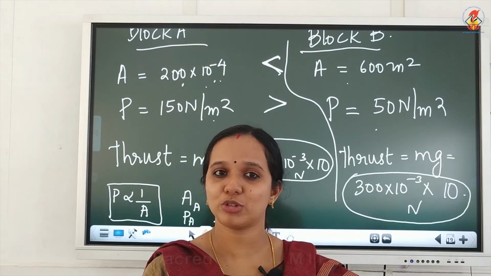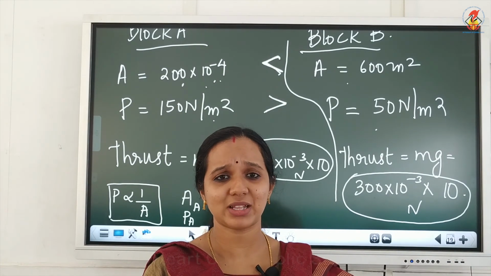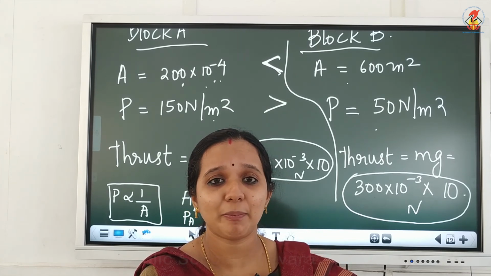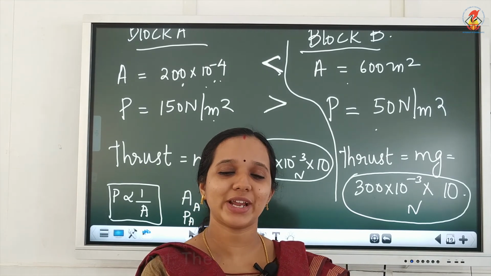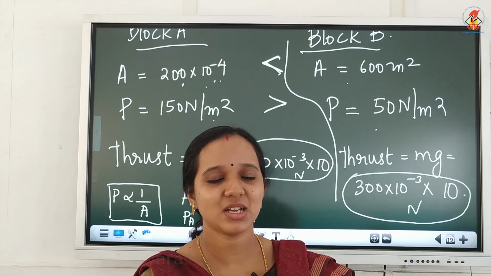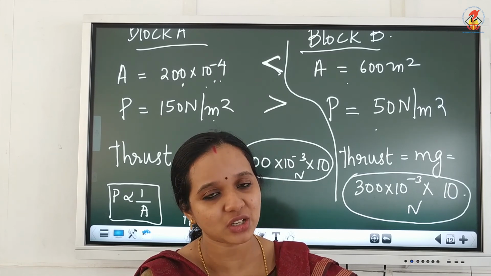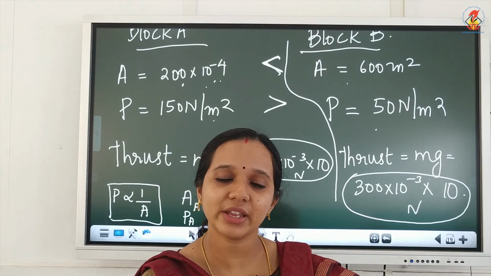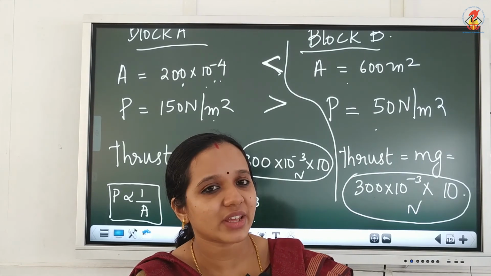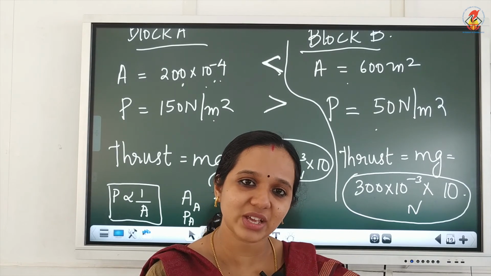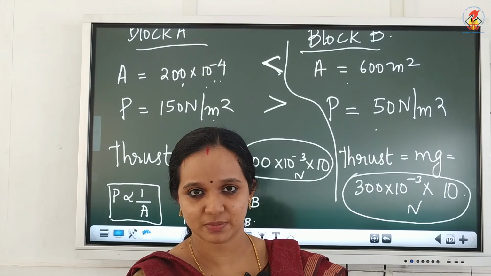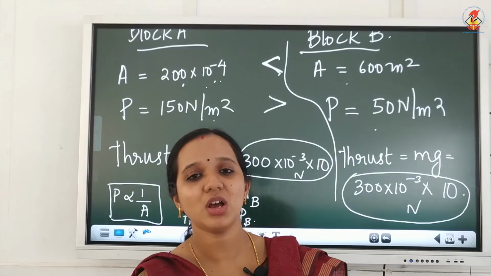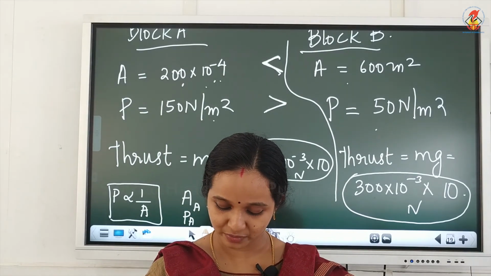Thrust remains the same throughout, it is equivalent to the perpendicular force, and you can find thrust using the formula mg. In order to find pressure, use the formula F by A. As area increases, pressure will decrease; as area decreases, pressure will increase. And when you do a problem, you need to convert all the units into SI units.